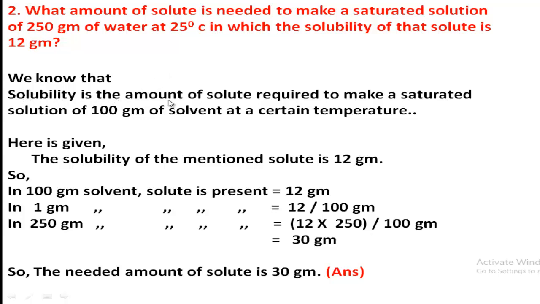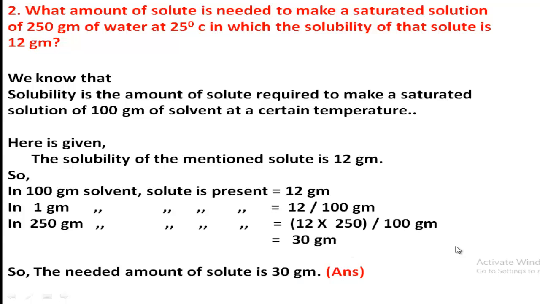Again we know that solubility is the amount of solute required to make a saturated solution of 100 gram water, and here the solubility of the solute is 12 gram. So 12 gram means that in 100 gram solvent, 12 gram solute is present. So in 1 gram how many, and in 250 gram how much solute is present? If you determine correctly, then it will be the needed amount of solute.